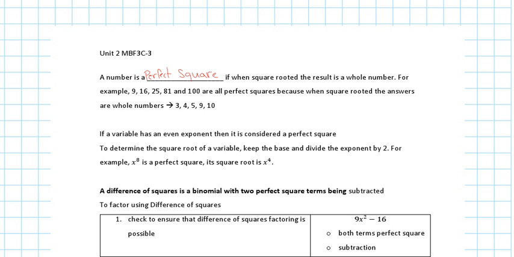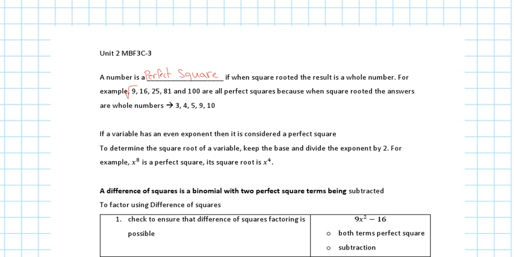Okay? So if you look at 9, if I square root 9, that's going to give me 3. If I square root 16, that's going to give me a 4. If I square root 25, that's going to give me a 5. So get used to these perfect square numbers, because you need to be able to identify them.